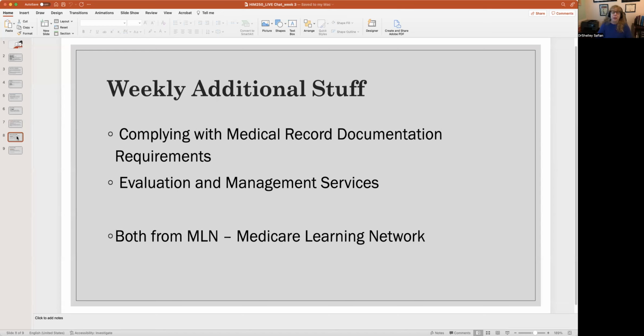And if you have a question, ask me. Email me. You have additional resources. The Medicare Learning Network is fabulous. And it's written pretty plainly. Okay. Evaluation and management services. Now, yes, that's a CPT thing. I know that. But remember, we have major changes for 2023 in CPT.